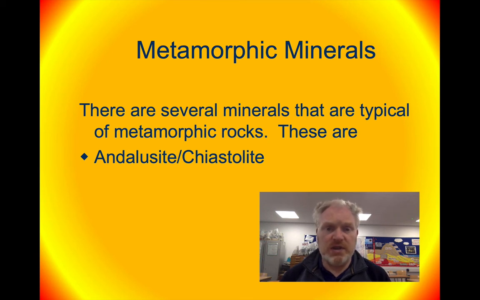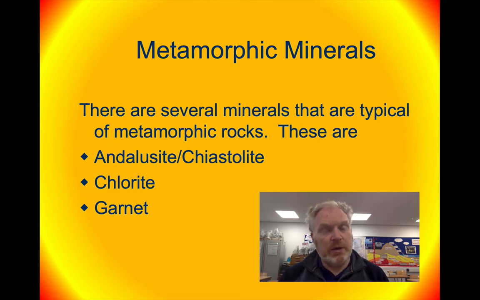As far as we're concerned, this is the same stuff. It certainly looks the same. There's another mineral called chlorite, and finally garnet. These three minerals are exclusively metamorphic. If we find them in a rock, we know we're looking at a metamorphic rock. Equally, though, if we don't find them in the rock, it doesn't mean the rock isn't metamorphic.